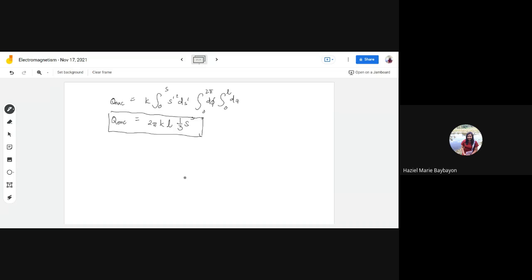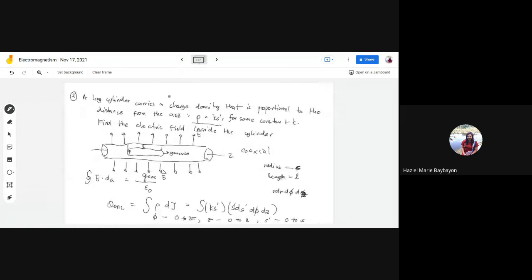Since E is pointing radially outward, on the curved portion, the body of your cylinder, your dA also points outward, so it is parallel with the electric field.